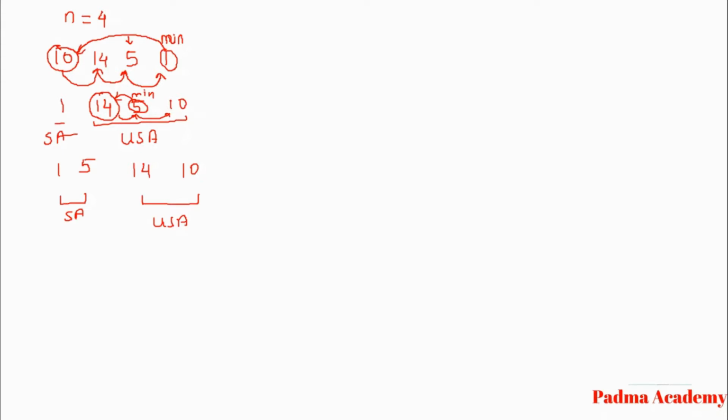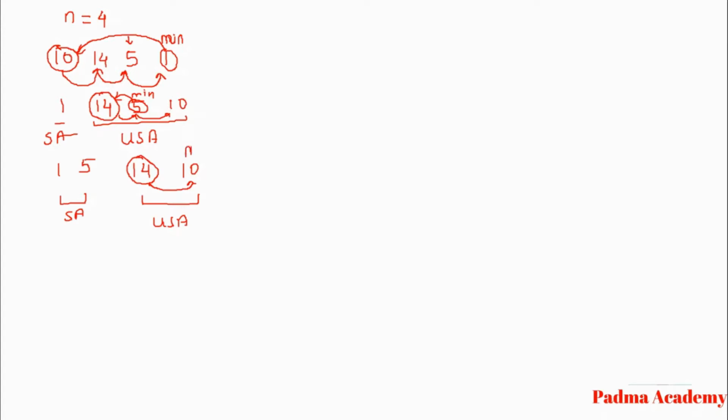Again we will consider 14 as the minimum element from our unsorted array, that is, the first element of the unsorted array is always considered as the minimum element, and then we will compare 14 with the rest of the elements, that is 14 with 10.